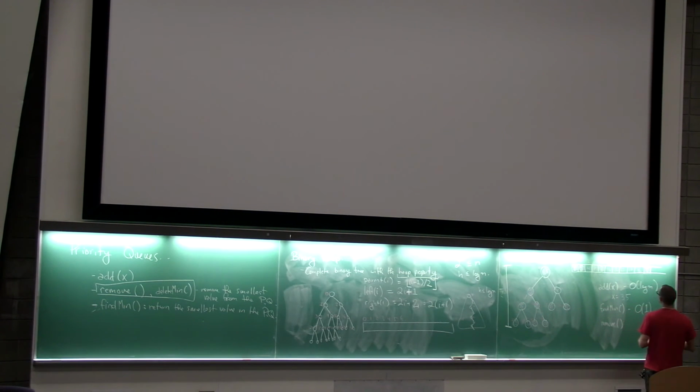The trick is every time the number of elements gets to be more than what's in the array, double the size of the array, copy everything over. And we've already analyzed that and seen that that doesn't add much to the overall cost. The add operations and the remove operations each take log n time, and we saw that the cost of growing and shrinking the array only takes constant amortized time per operation.